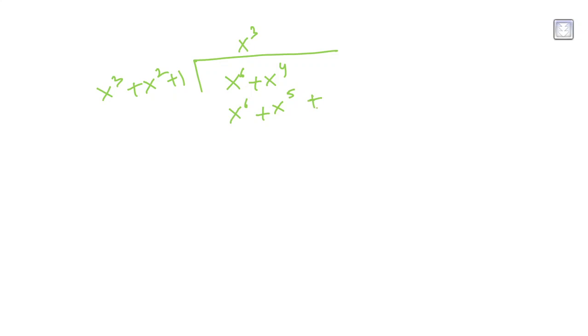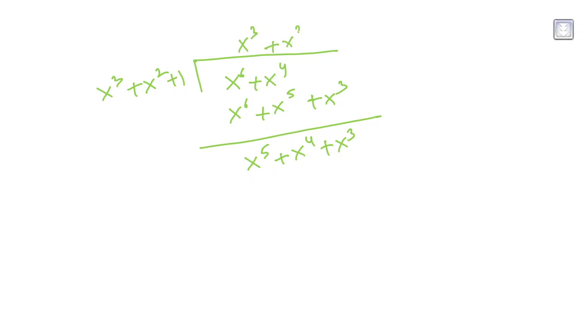Let's divide it. x to the power of 6 plus x to the power of 4 divided by x cube plus x square plus 1. x6 plus x5 plus x3 will result in x5 plus x4 plus x3.